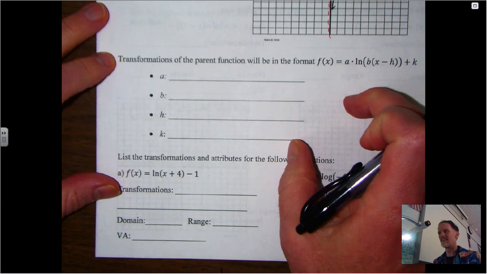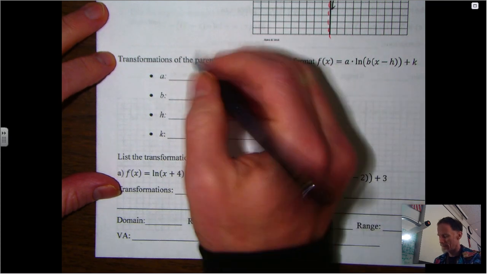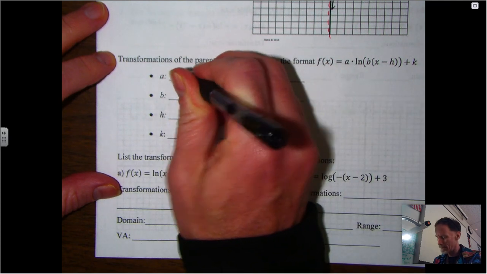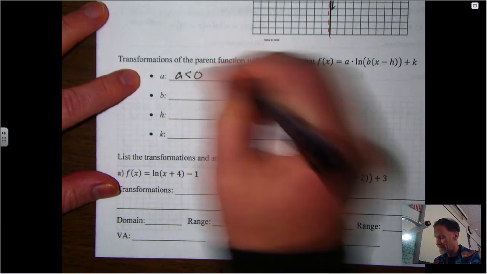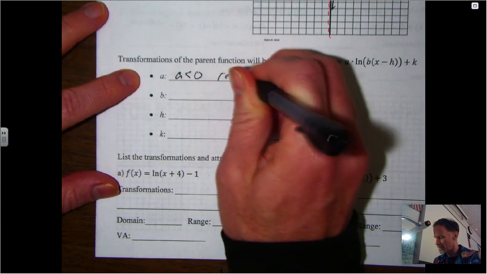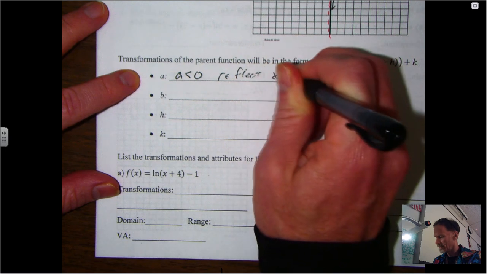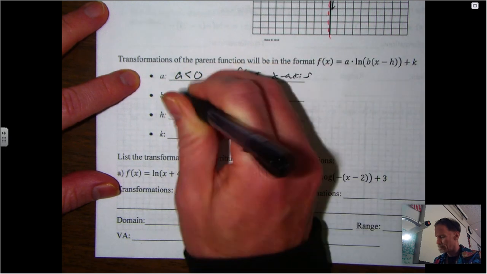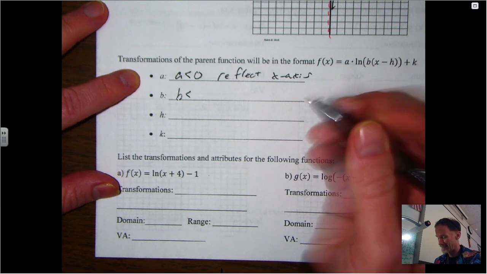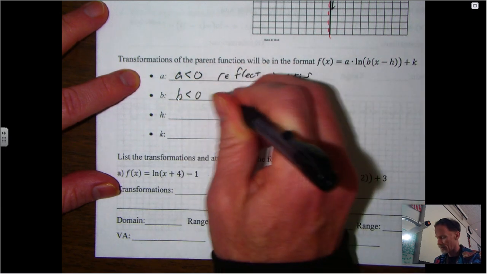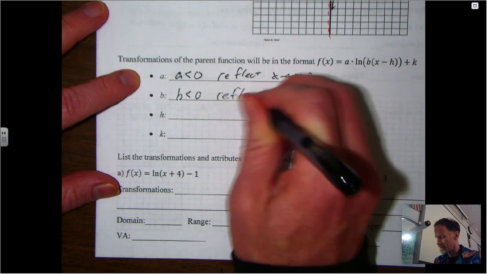This is exactly the same as exponentials. I'm going to write these in real quick. Again, all we're really worried about for A is if it's negative, and that's a reflection across the x-axis. If B is negative, that's the inside part. If you have a negative x, that's a reflection across the y-axis.